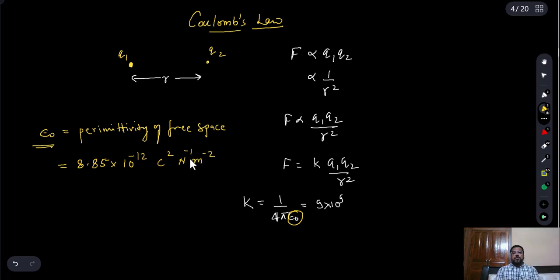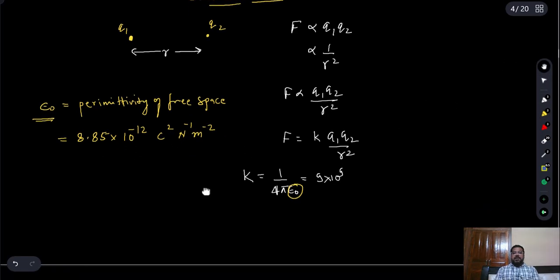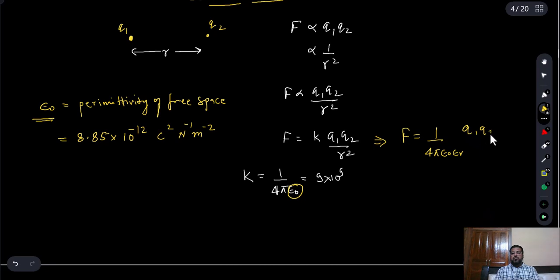Now, the important thing is: what if the medium is not free space, vacuum, or air? What if we have some other medium? In that case, this formula changes into F equals 1 over 4 pi epsilon naught times epsilon r, times Q1 Q2 over r square.